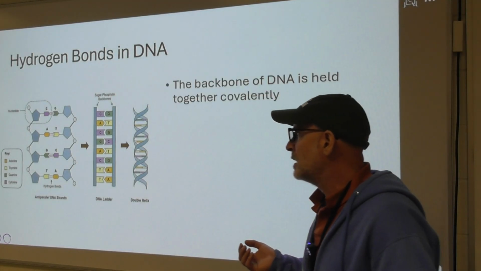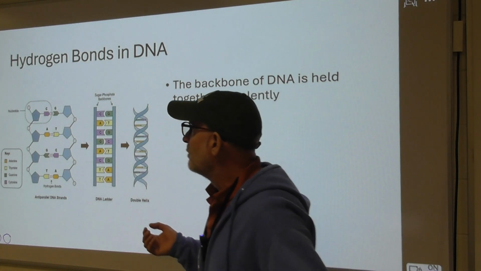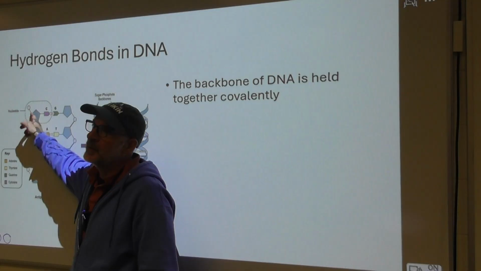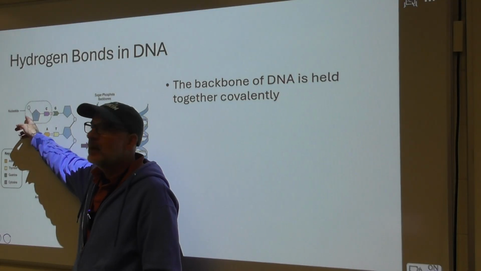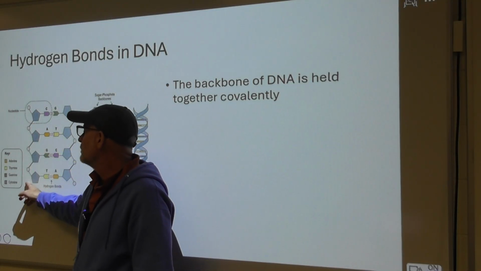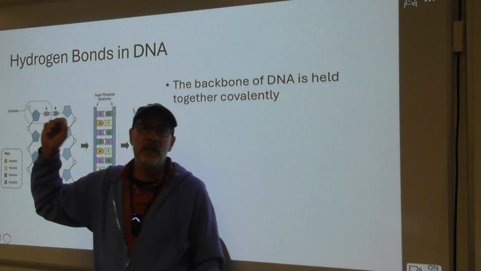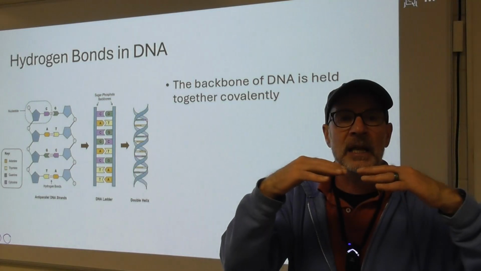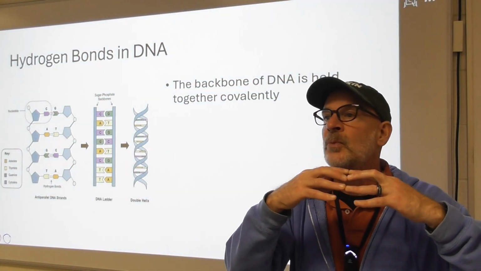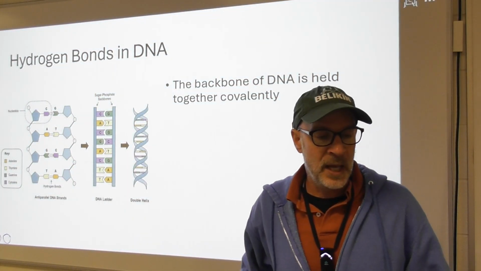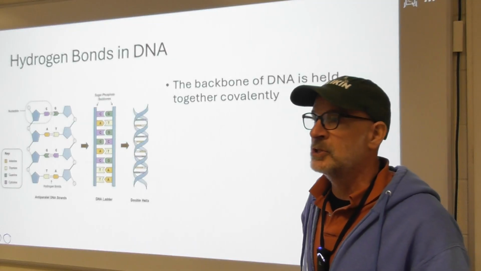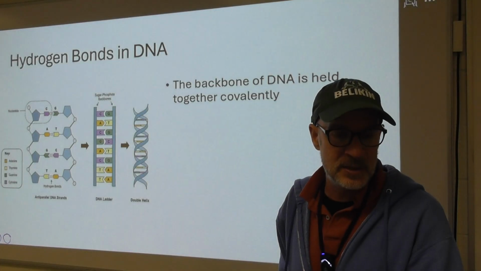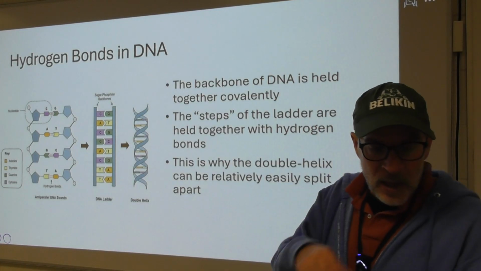Another place where we see hydrogen bonds is in DNA. The backbone of DNA, and we'll talk about all this stuff down the road, this is just an example, is held together covalently, really strong bonds, but the rungs on that DNA ladder are hooked together with hydrogen bonds. And there's either 2 or 3 hydrogen bonds depending on which of the nitrogenous bases is in action.